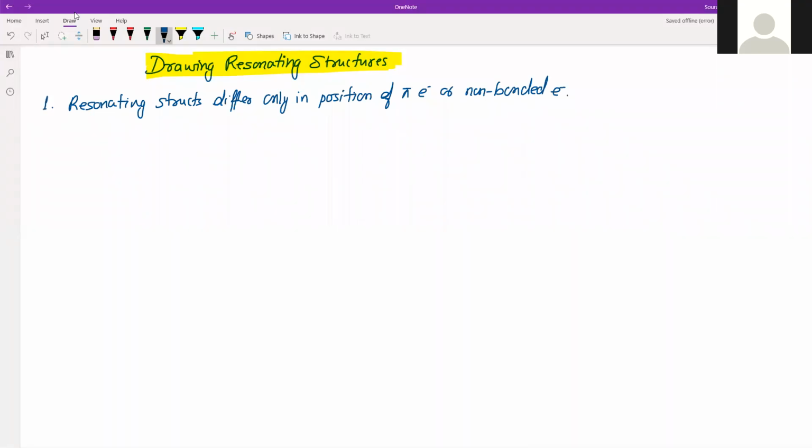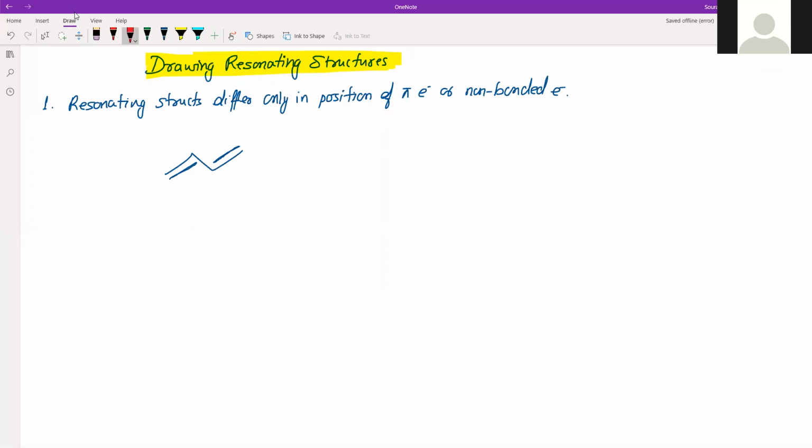For example, say we have this, and there is a double bond here and a double bond here. So first we should see whether it is one of the general cases of resonance or not.